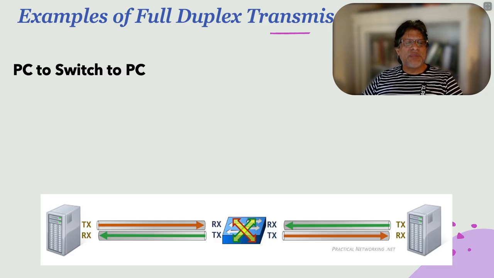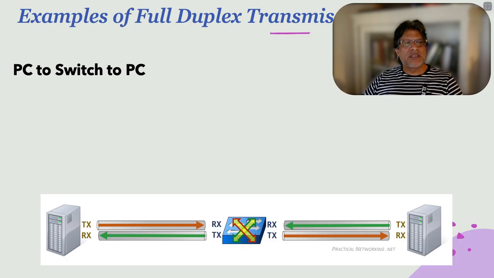The reason is the switch already is wired in the opposite way, so it has crossover ports directly in there. That means it can receive on the first pair that you saw in the previous diagram, and then it can transmit on the other pair. So this is perfectly matched.